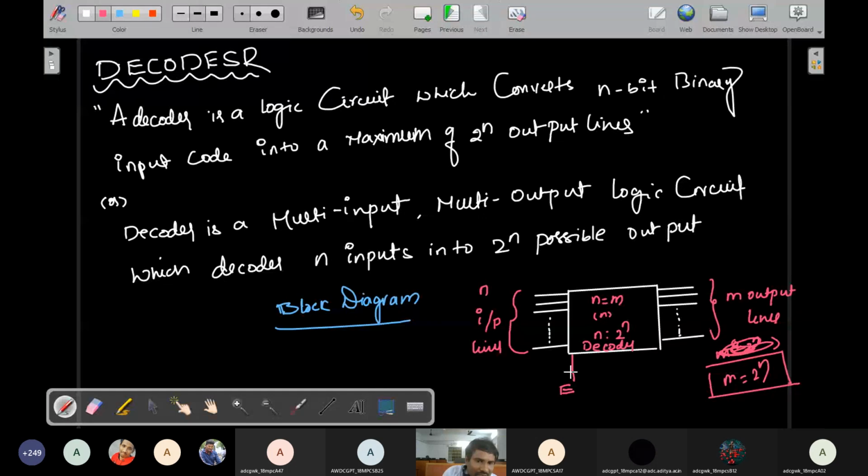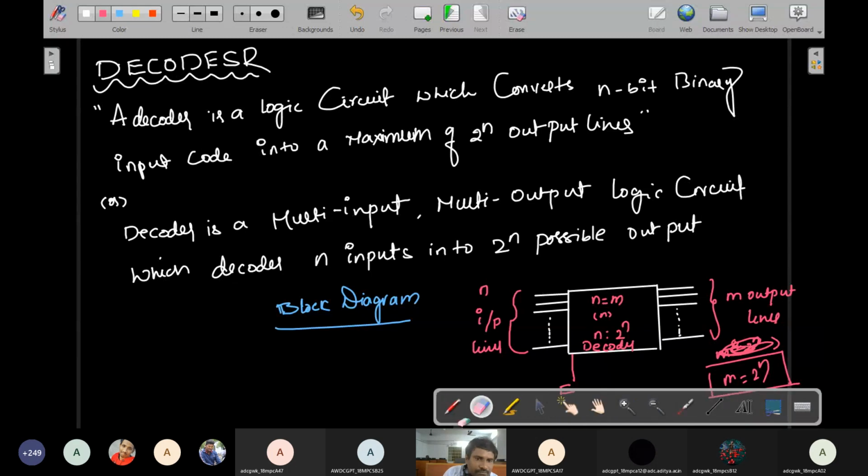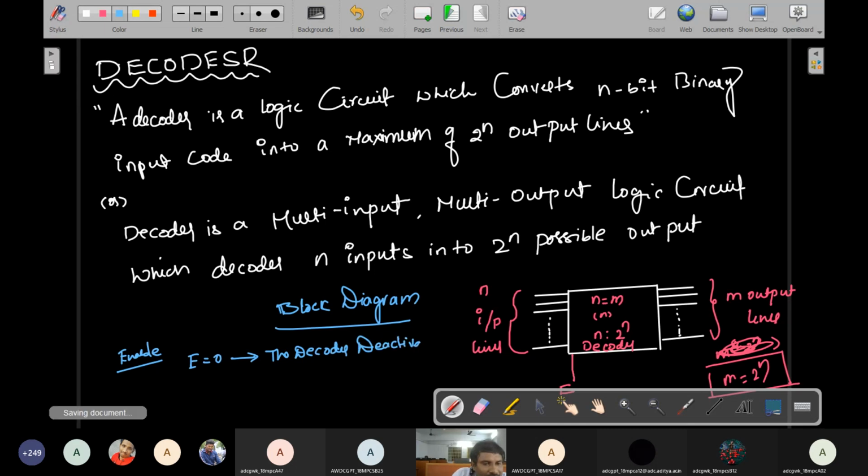So we have another terminal, that is called enable terminal. See what is the use of this enable terminal, I'll write here. If enable is 0, the decoder is deactivated.